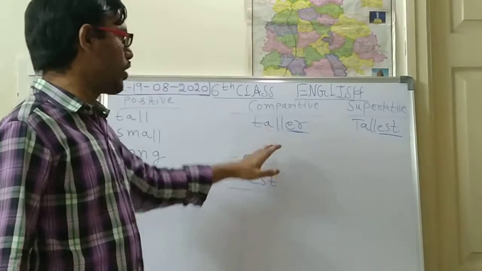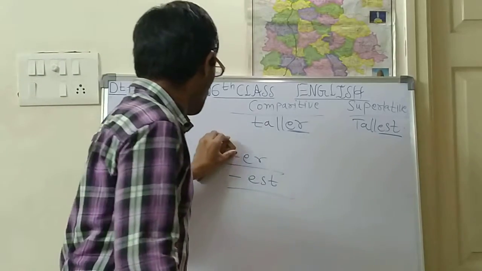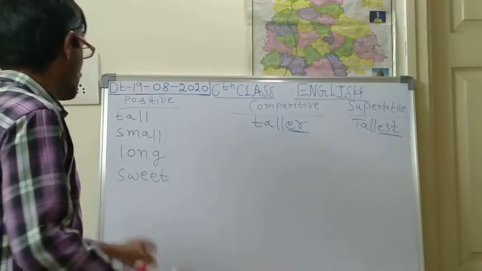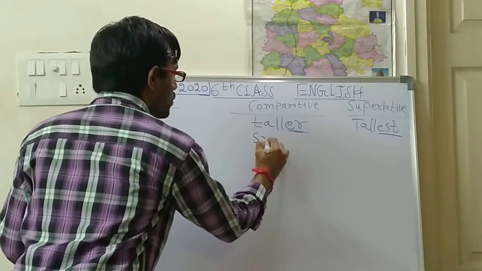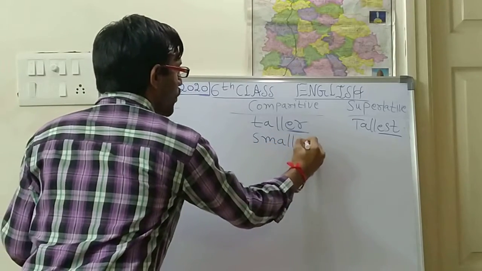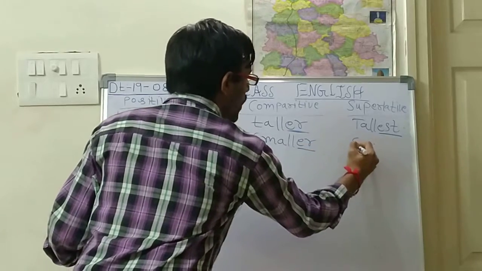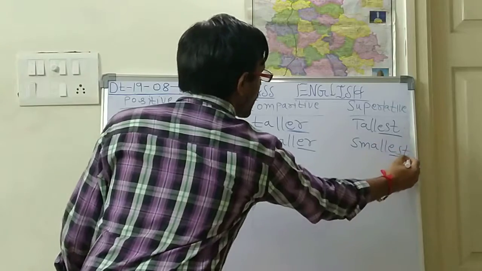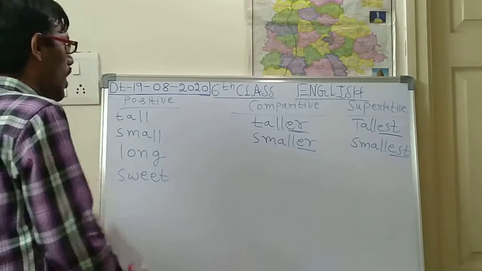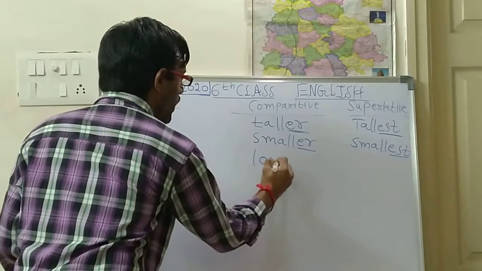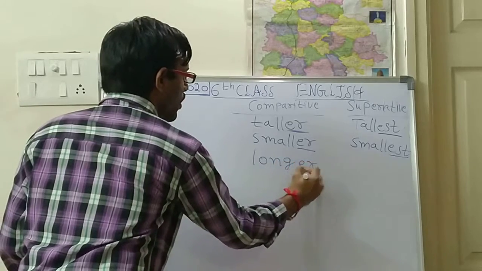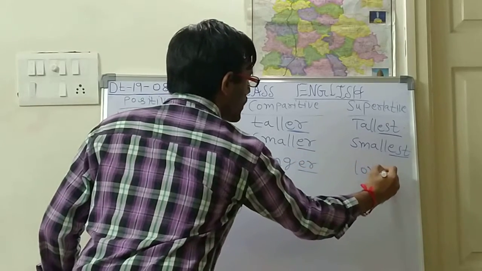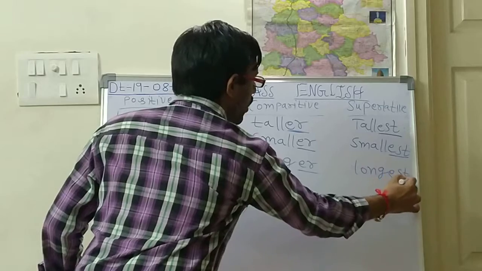I hope you have understood this one. What about the remaining answers? Small, smaller, smallest. Next, long, longer, longest.